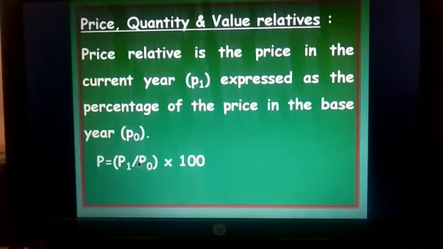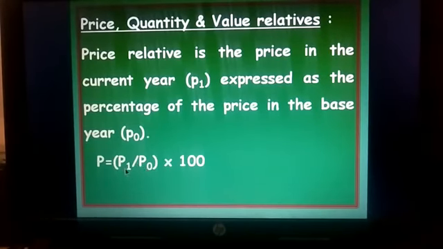That's why it is being called price relative, since it is given in terms of P1 divided by P0. Like X divided by Y format, whenever we write, it is a relative form, which is of price here. That's why it is price relative.